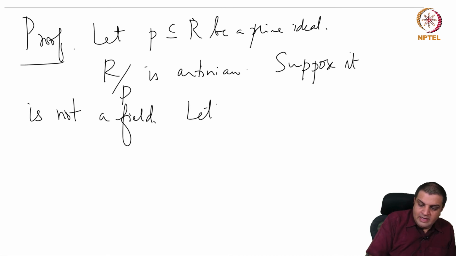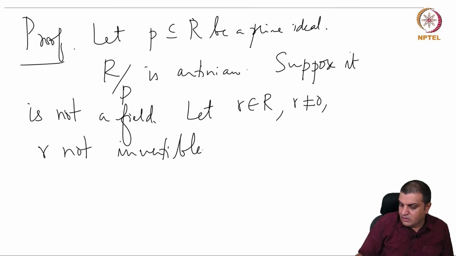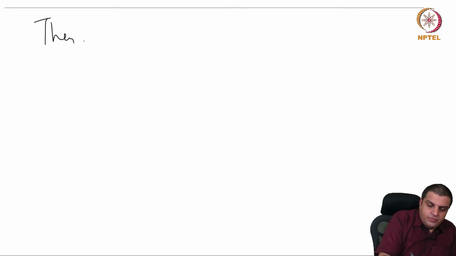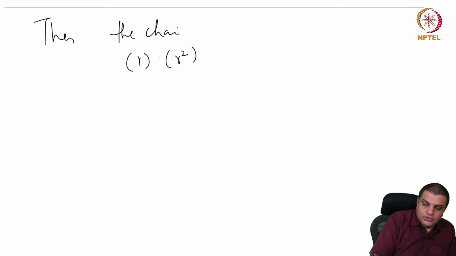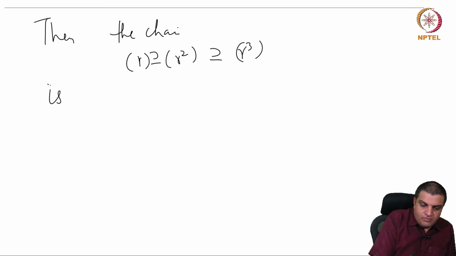Let r be inside R mod P, r not 0, r not invertible. Then the chain (r) contains (r squared) contains (r cube) and so on, so it is strictly descending.